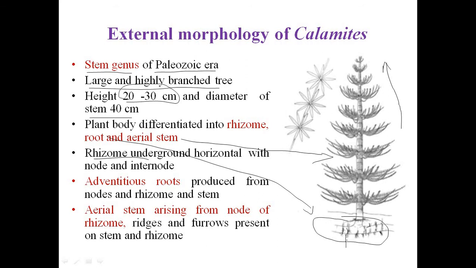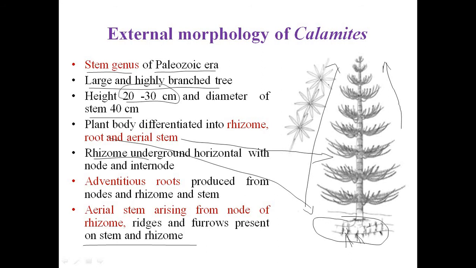And from this, adventitious roots, you can also observe over here, arise from the nodes of the rhizome of the stem, and the aerial stem arises from the node of the rhizome, with ridges and furrows present on the stem and the rhizome. Here you can observe scaly leaves, and the height is up to 20 to 30 meters. So this is about the external morphology of Calamites.